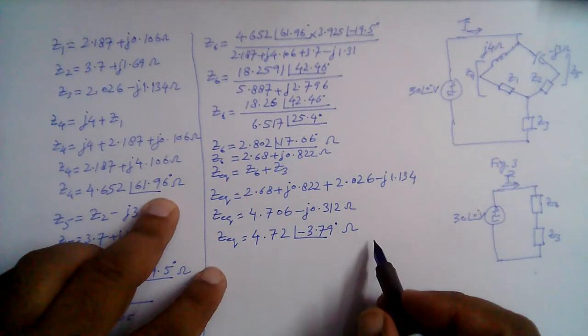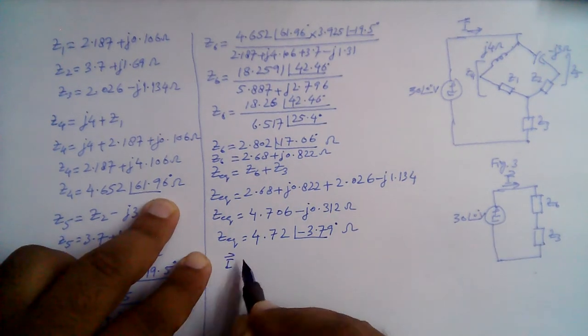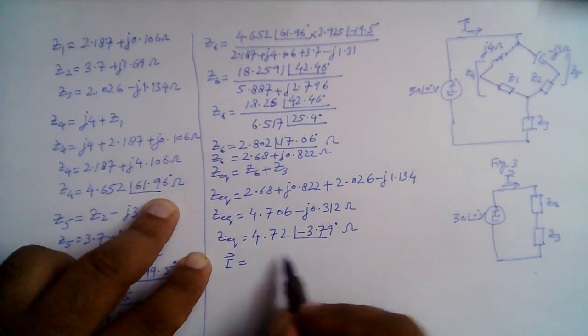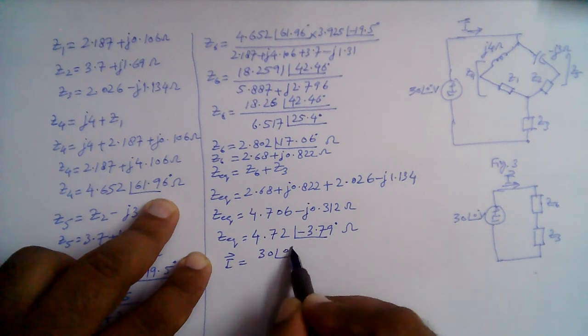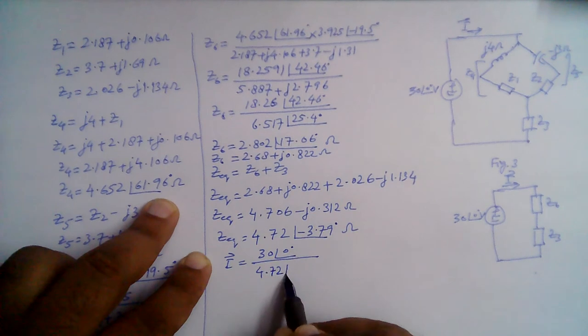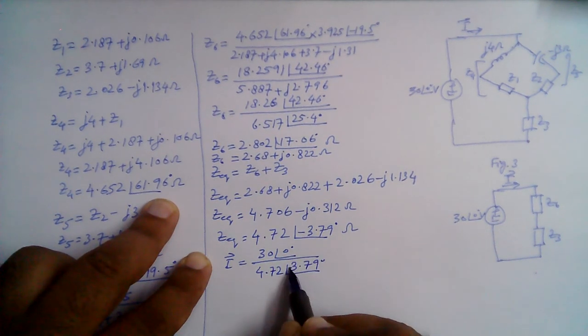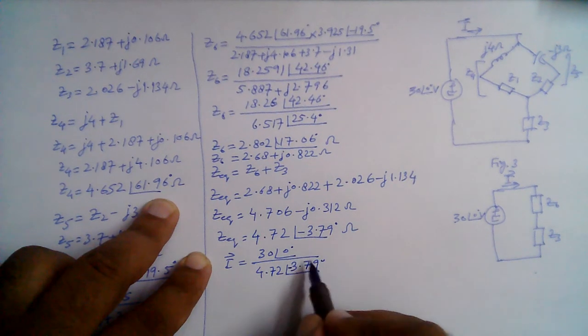So we can now find this current I from this voltage, 30 angle 0 degrees divided by 4.72 angle minus 3.79 degrees.